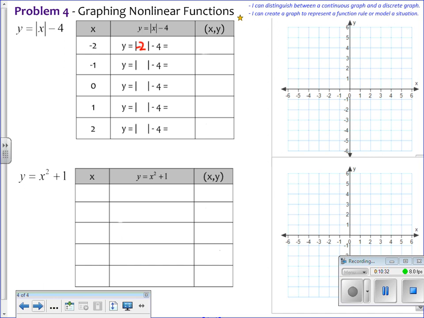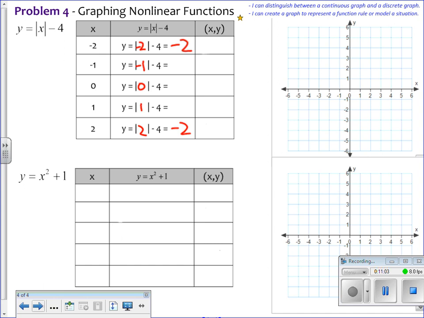Absolute value just makes it positive. If it's already positive, it stays positive. If it's negative, it becomes positive. So I have -2. Absolute value of -2 is 2. 2 minus 4 is -2. Plug in the other numbers. And if I go down here, absolute value of 2 is 2. 2 minus 4 is once again -2.